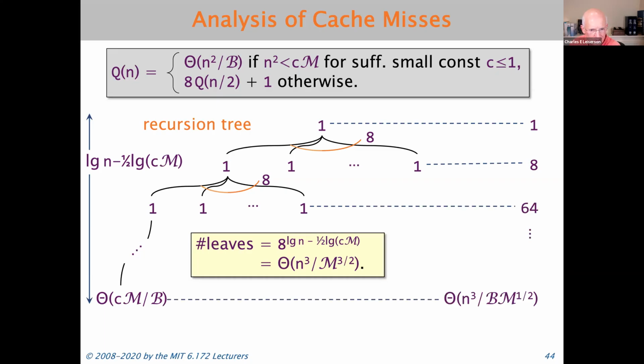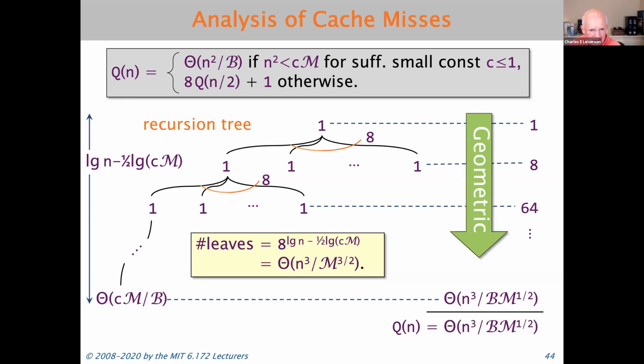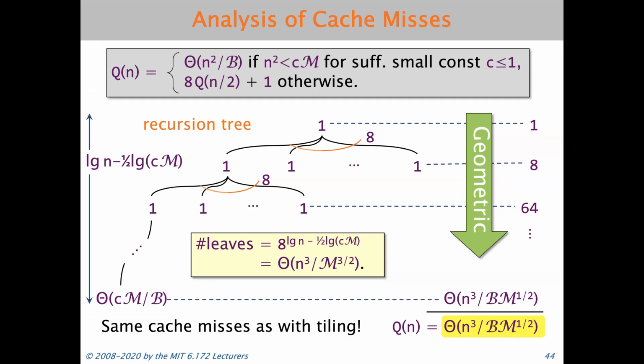We multiply it through, and we get n cubed over B M to the 1/2 when you multiply the size of the leaves times the number of leaves. And this is geometric, which means this is the answer: n cubed over B square root of M. And now, hey, that's the same as what I asked you to remember, the same misses as with tiling.